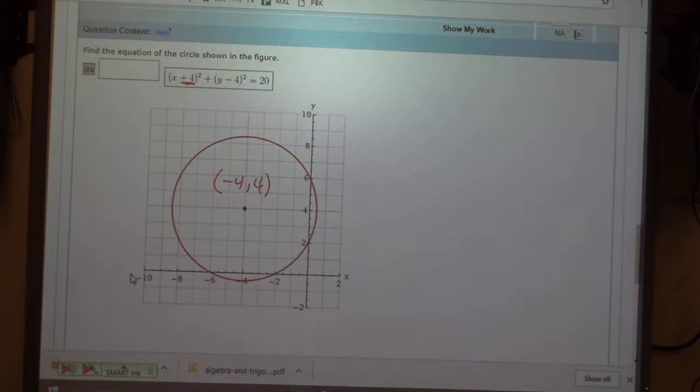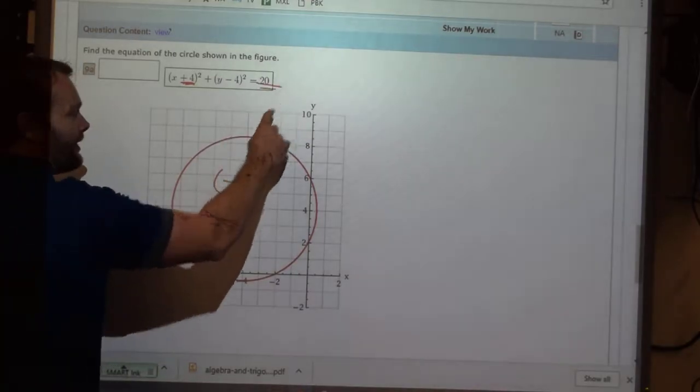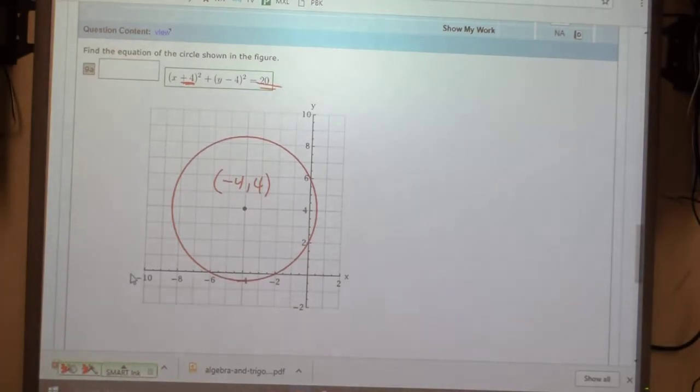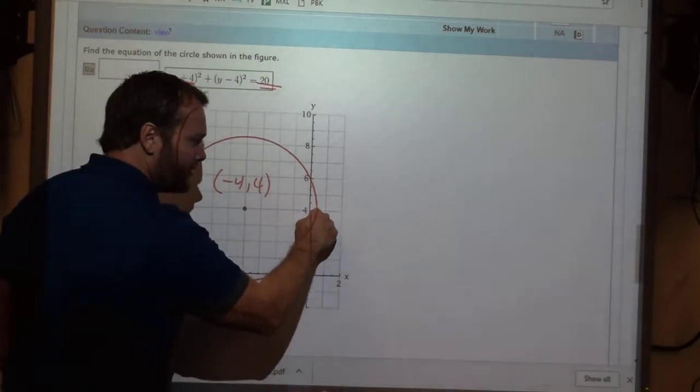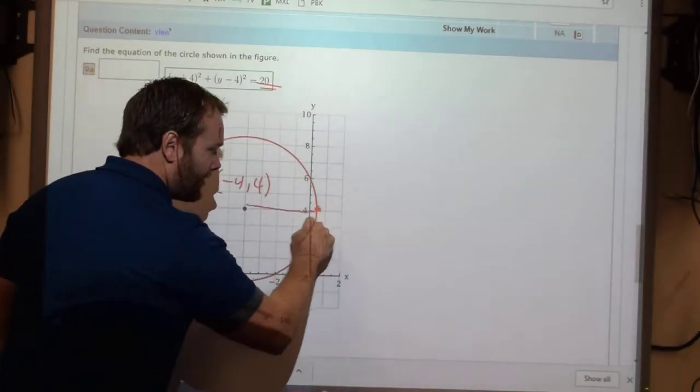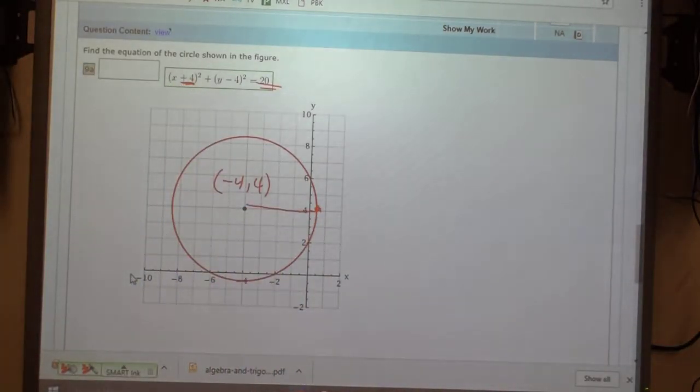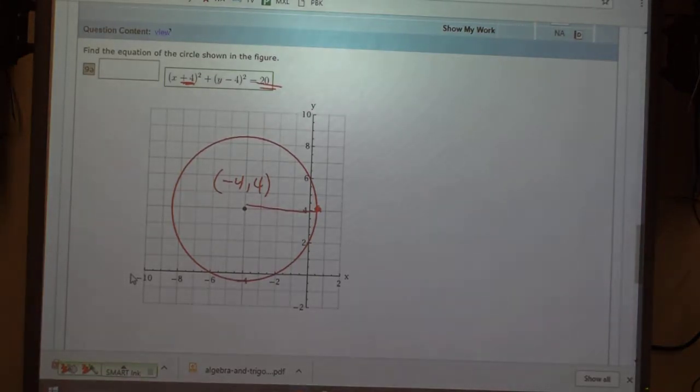But now to find the distance, to find the radius, I saw this in the last class. People were going over to that point right there and saying that it is located at 0.5 comma 4. Don't do it that way, because we're not 100% sure that that's 0.5 comma 4. It might be 0.48 comma 4.